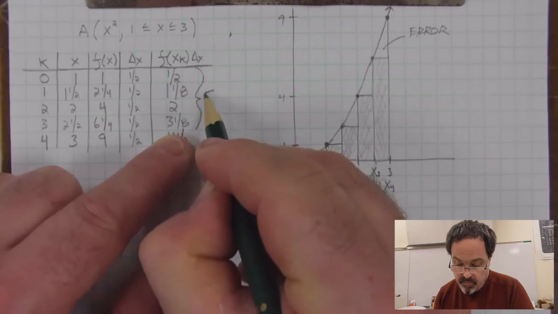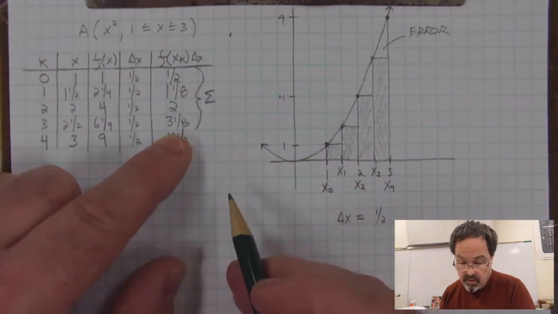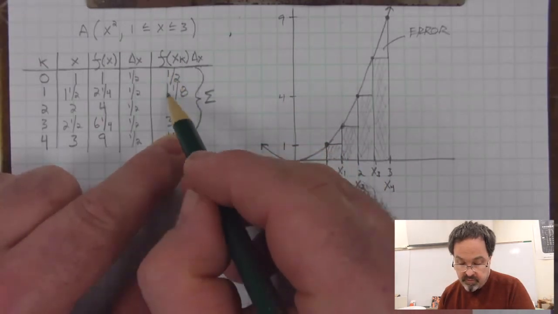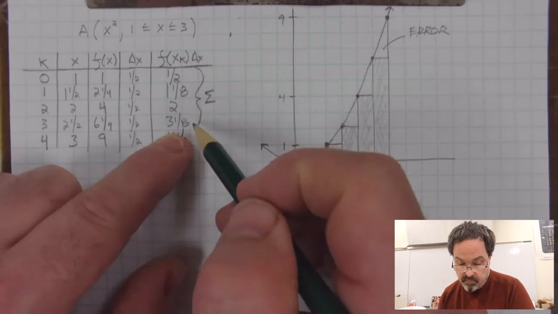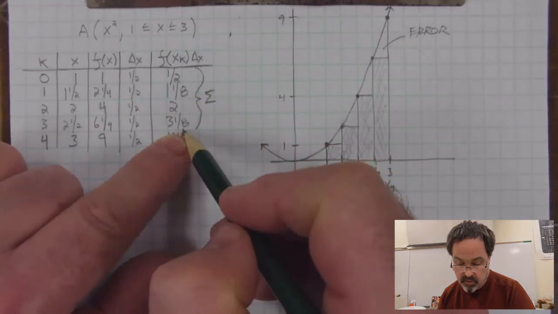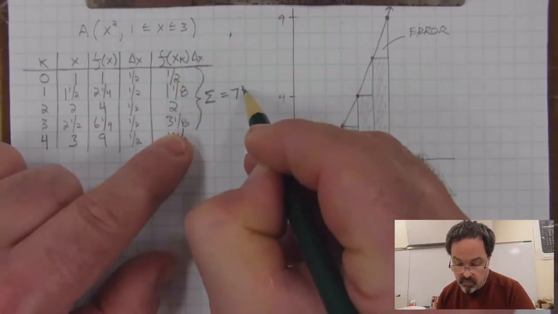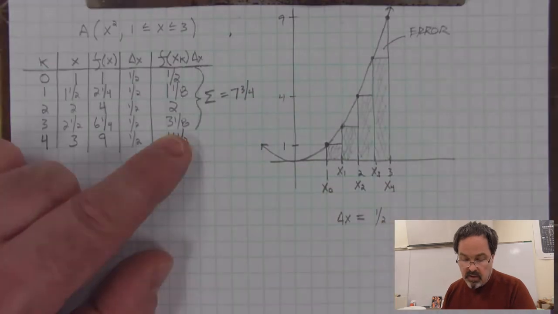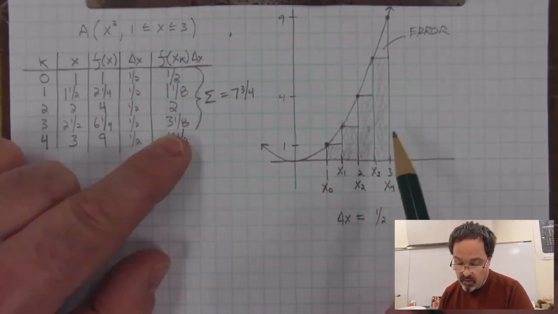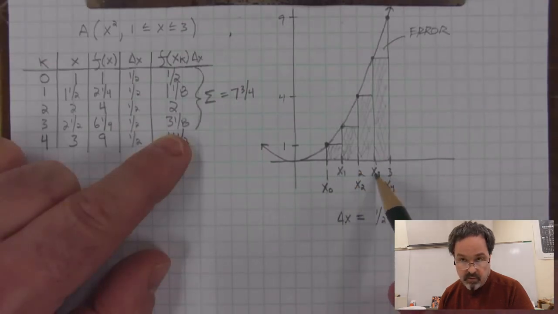And summing them up, sigma is a symbol that represents sum, I add these together, 3, 4, 5, 6, 7, plus 2/8 is a quarter, and then a half makes 3/4. That sum is 7 3/4. This is the sum of the rectangles that have heights at k values of 0, 1, 2, and 3.